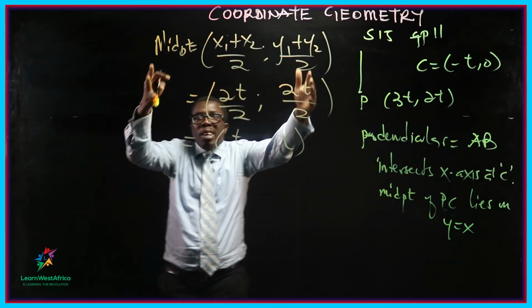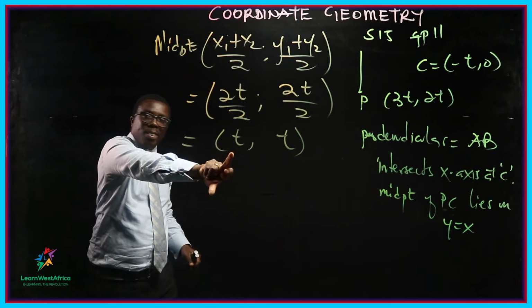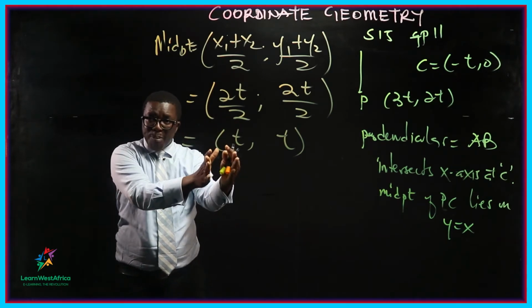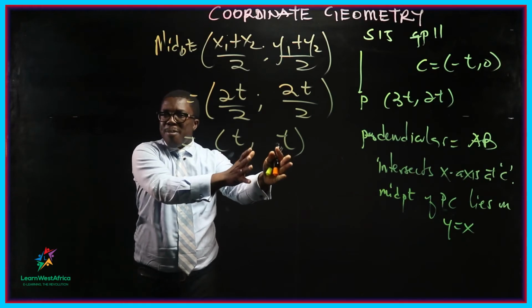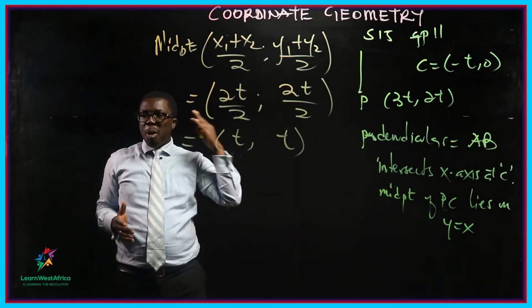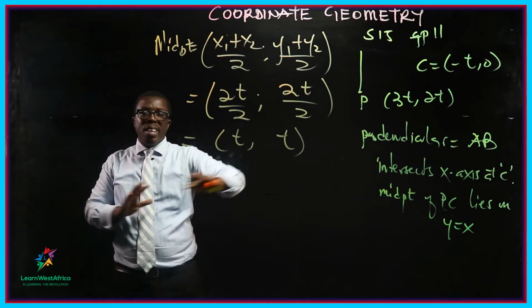And after we worked out the midpoint of PC, we clearly came to the point that it is (t, t). And therefore, our x value at PC is equal to the y value also at PC. Hence, the condition of the midpoint of PC lying on the equation y equals x is satisfied.